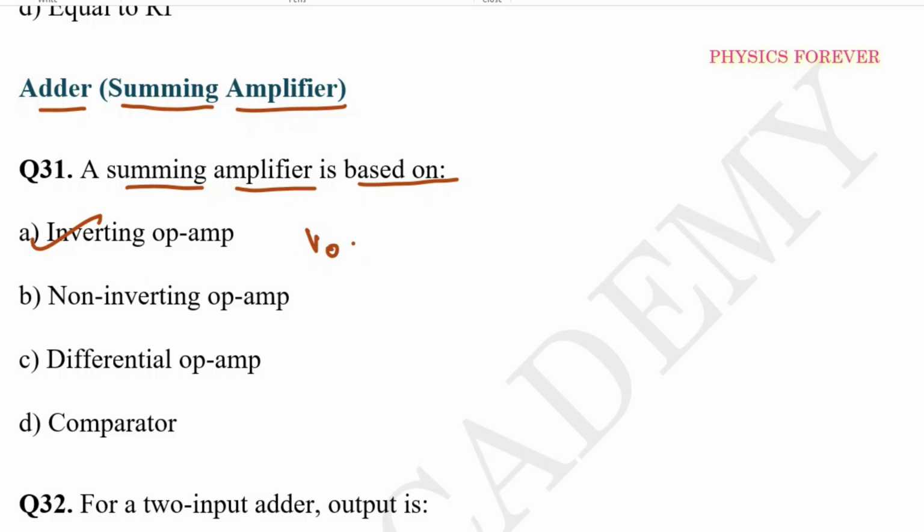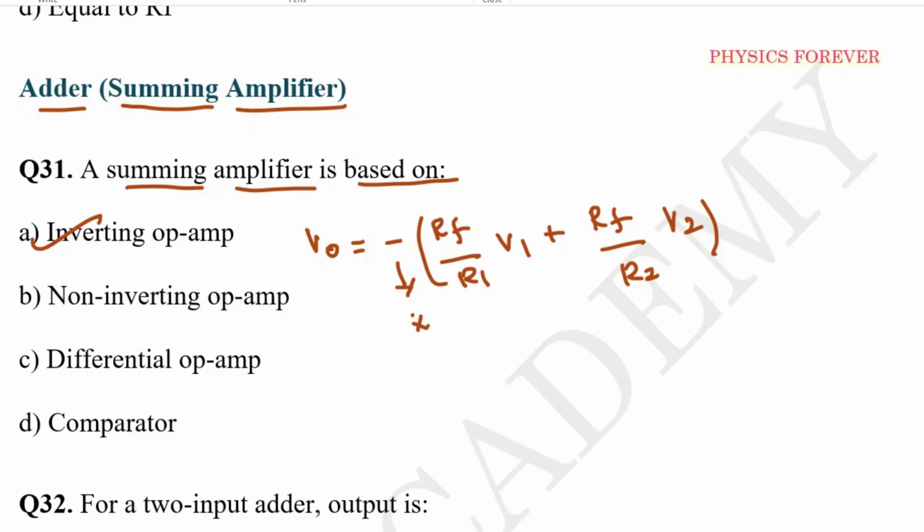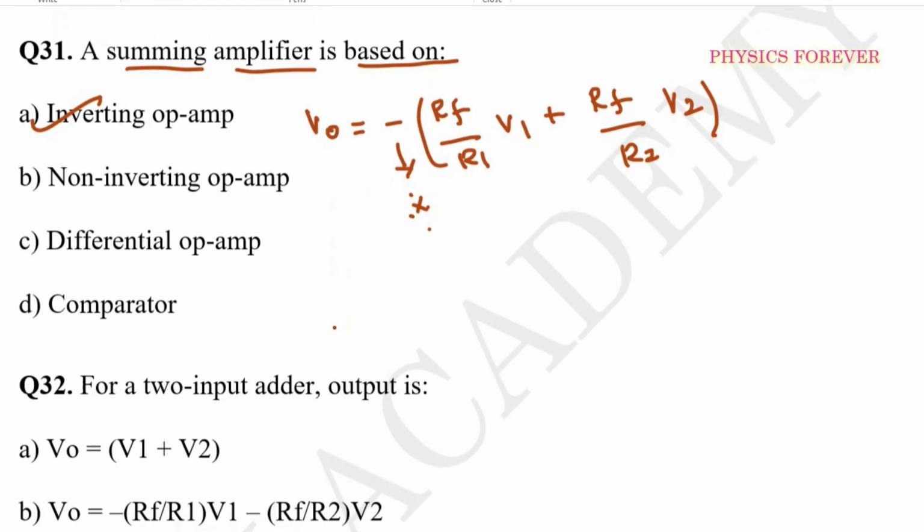V0 is equal to minus (RF by R1 into V1 plus RF by R2 into V2). Most important, the negative sign is very important. This is the correct equation for the summing amplifier, so option A is correct.